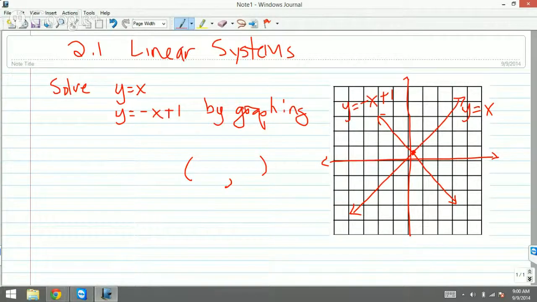Just guess, you know? Okay, so, that's an estimate. Graphing is not a precise instrument for this. So it is a method you can use, but be aware that it may not be perfect.